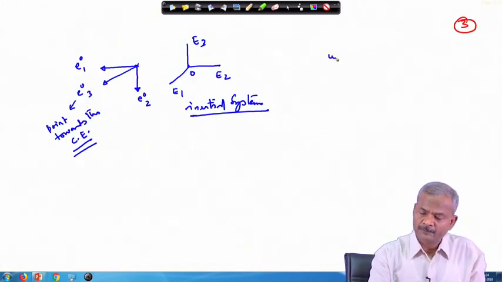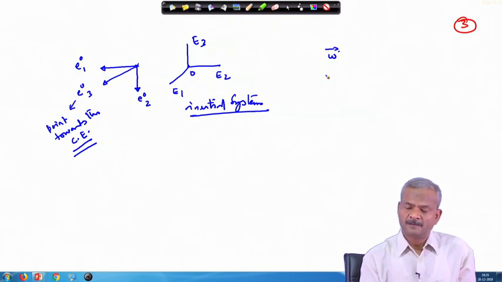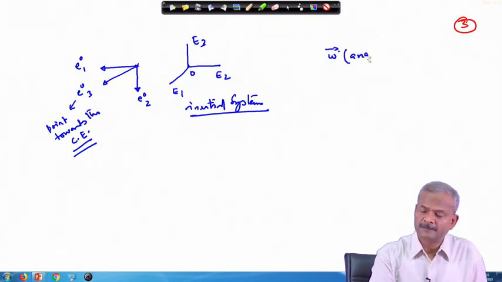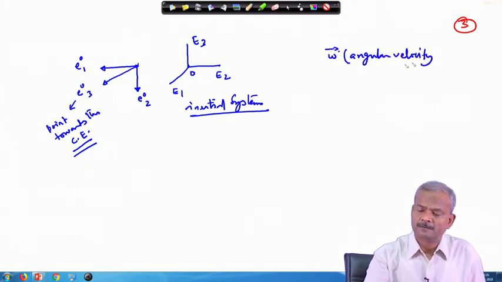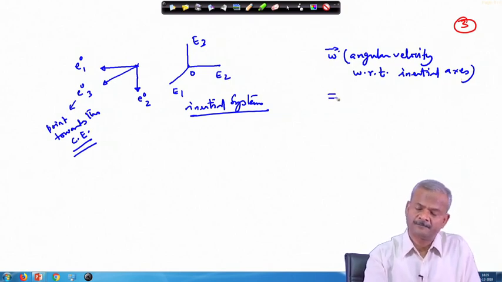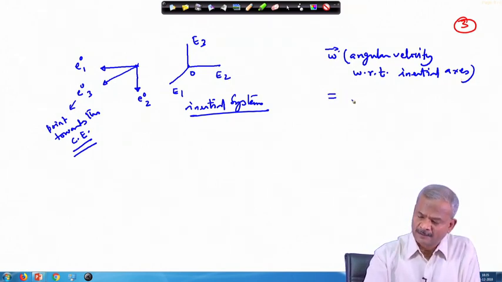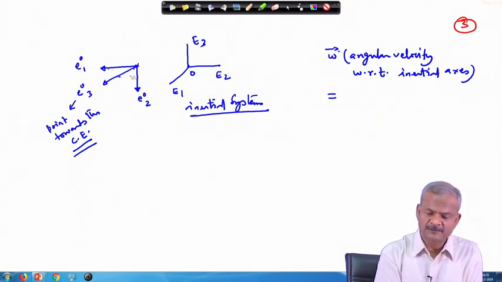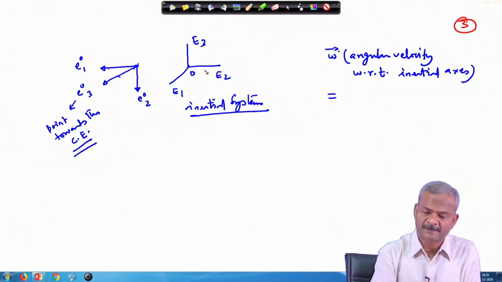So, if we want to show the angular velocity of the satellite with respect to the inertial axis, then how can we write? My satellite is rotating with respect to this axis, and this axis is rotating with respect to the inertial axis.